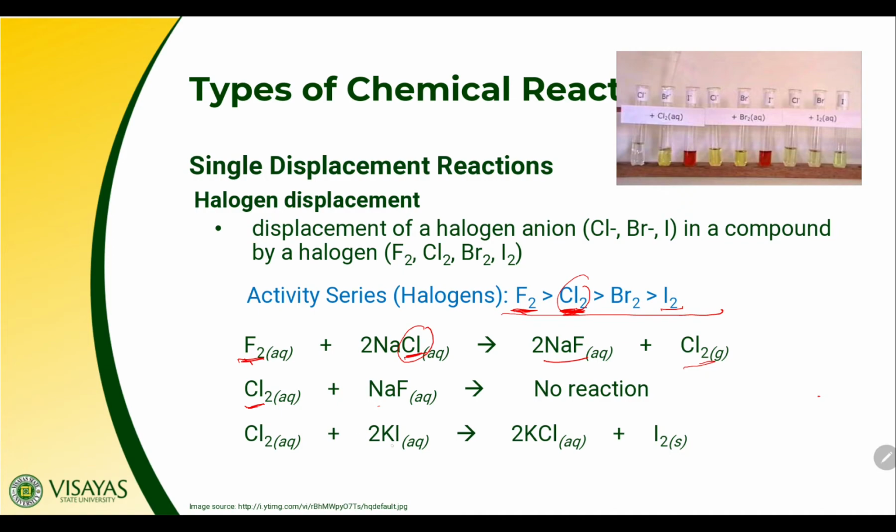So iodine then is being displaced to form iodine solid. Now, if it's the other way around, if we have iodine plus potassium chloride, since iodine is below in the activity series, it cannot displace chlorine in the compound. Therefore, we don't have a reaction in here.